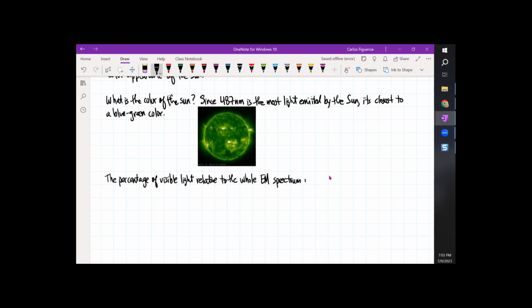I mean, it is tiny, tiny, tiny. We only see 0.0035% of the electromagnetic spectrum.